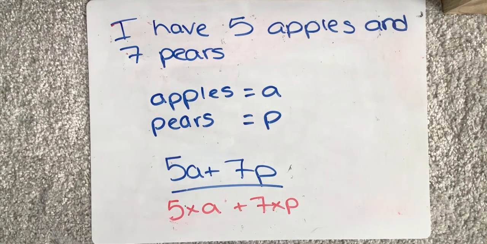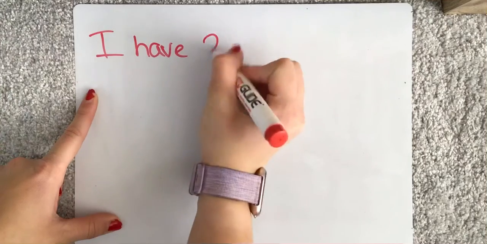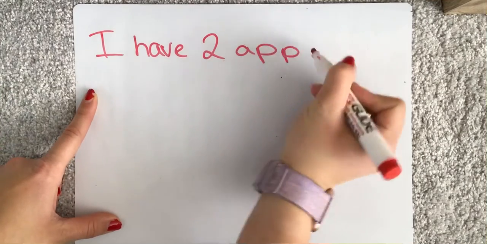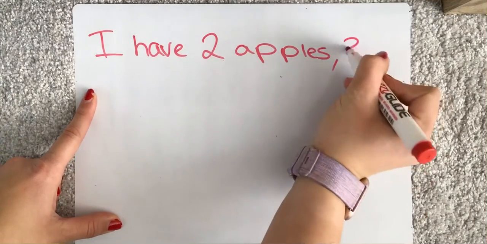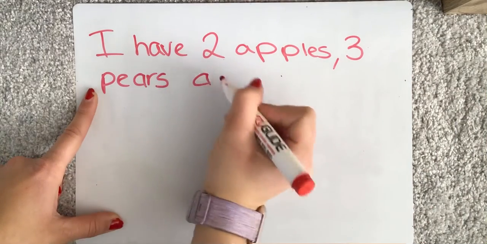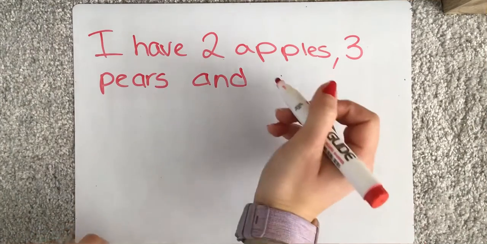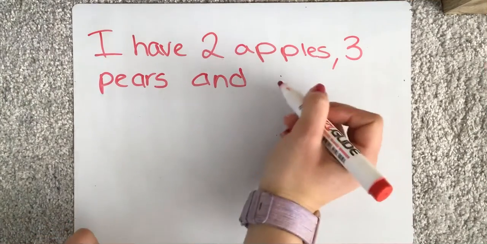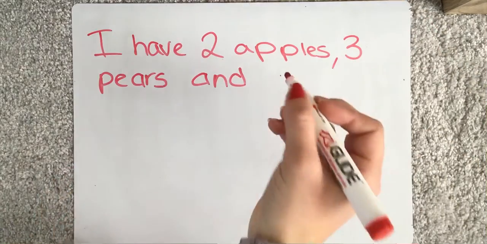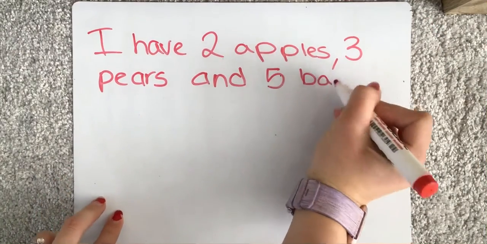I could make it even more complicated. I could add in some more things. I could say I have 2 apples, 3 pears, and, what other fruit can I think of right now? 5 bananas.